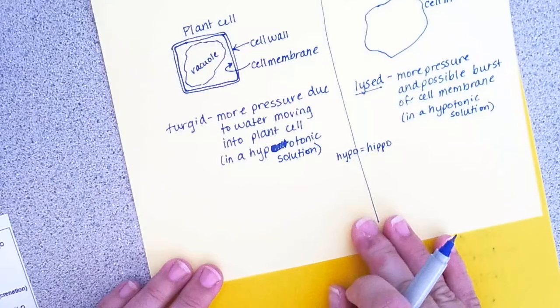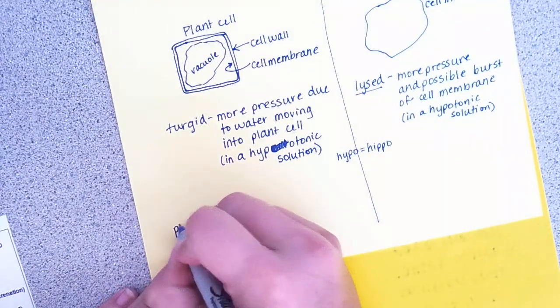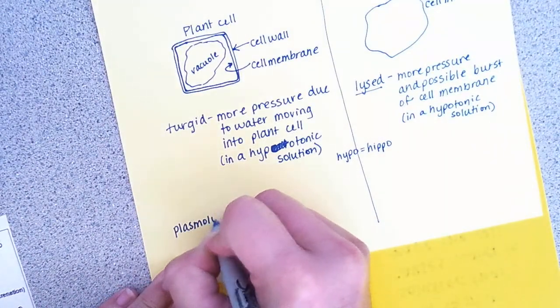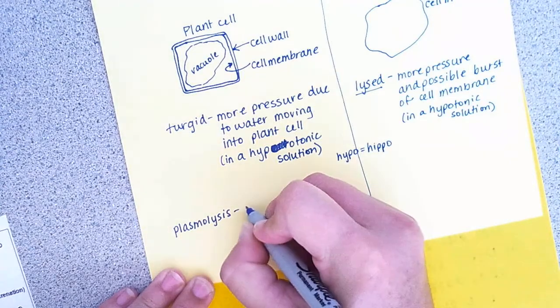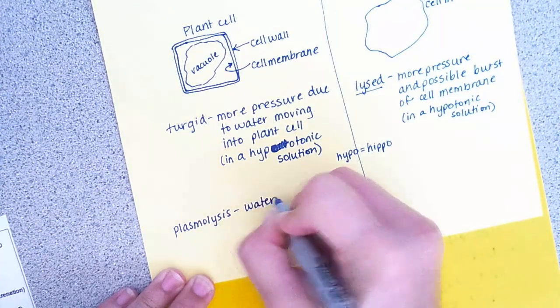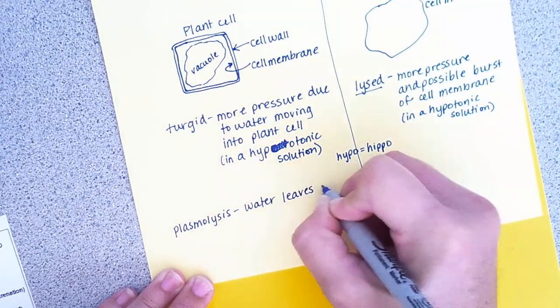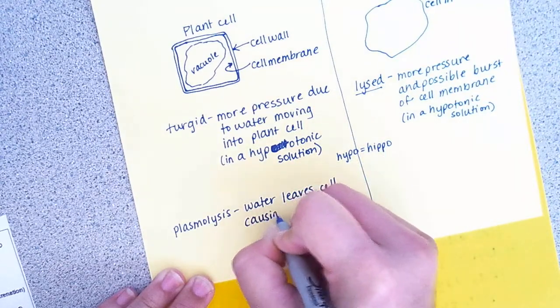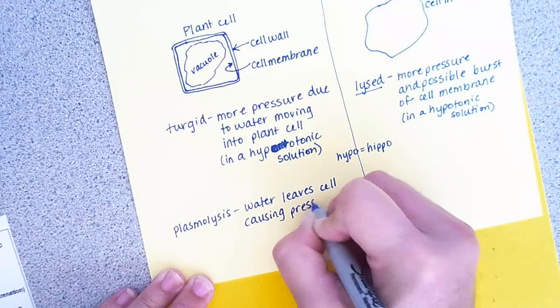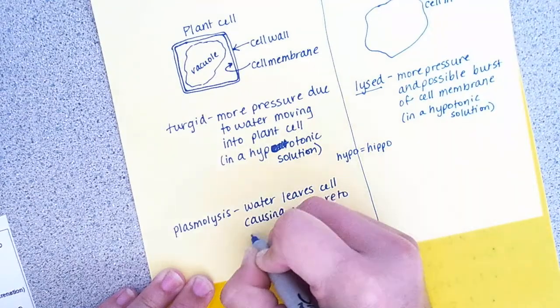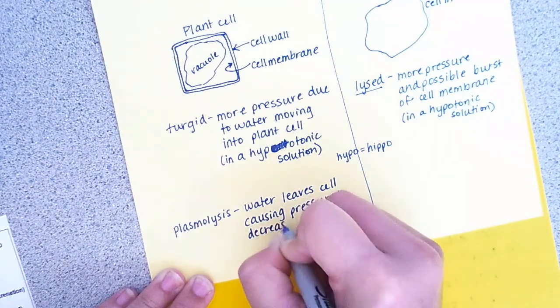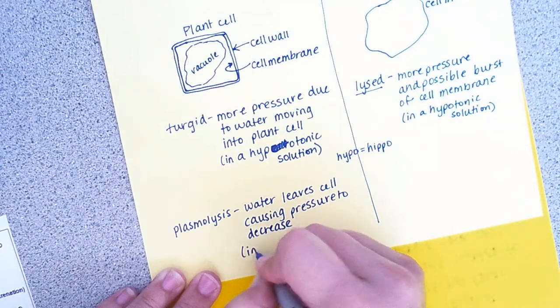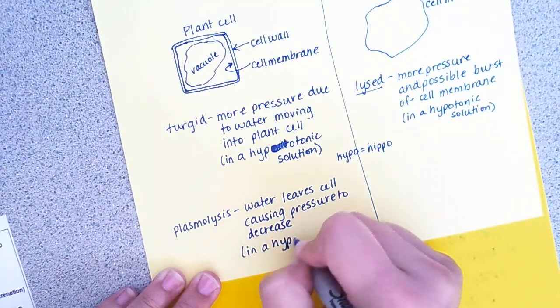Now, on the opposite side of that, we called it plasmolysis. When water leaves the cell, causing pressure to decrease. That would mean it is in a hypertonic solution.